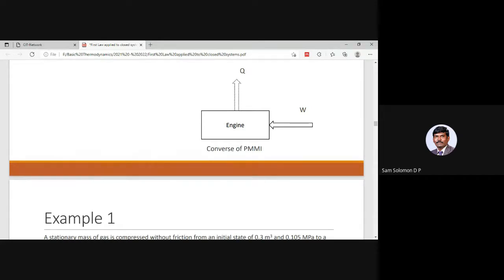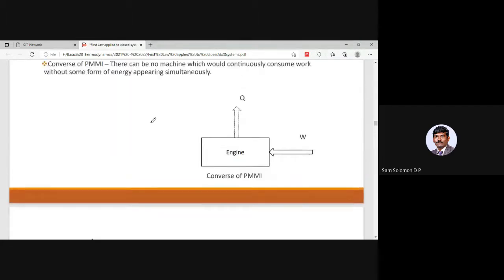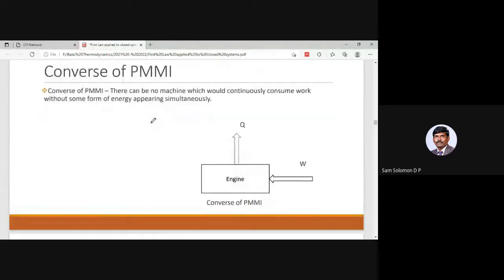So here they are saying the converse of PMM1: you cannot have an engine which is consuming work but which is not giving out heat. So that should also be there. For a work input, some amount of heat rejection should happen. If it is not there, then such a kind of engine you cannot have. So that is the converse of PMM1.